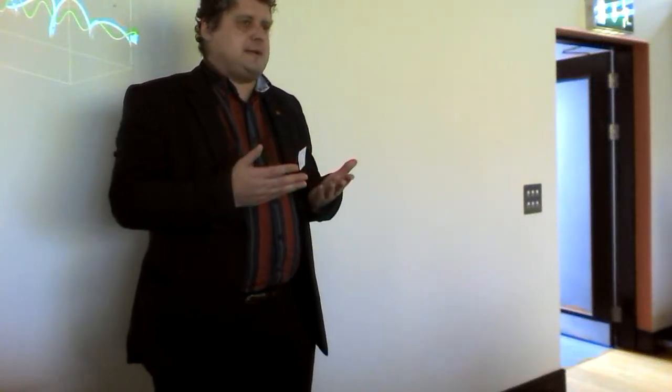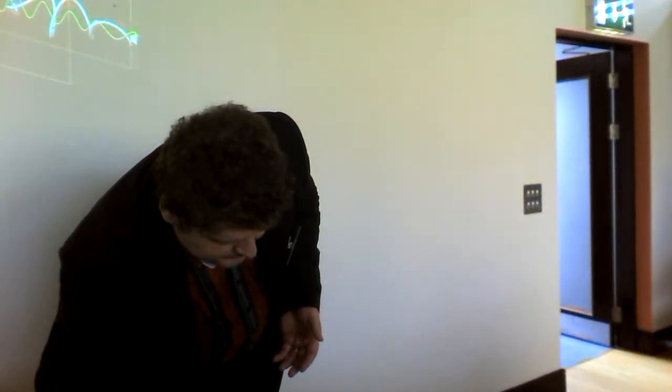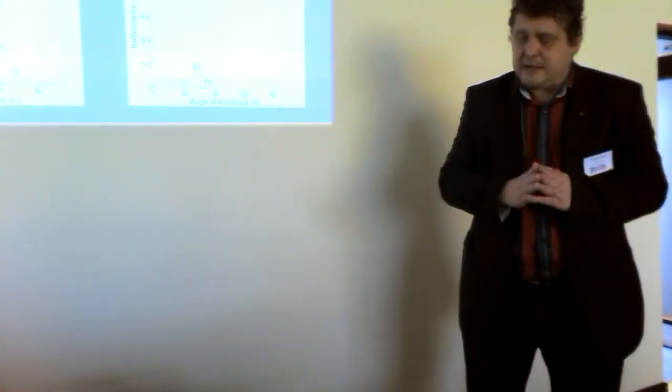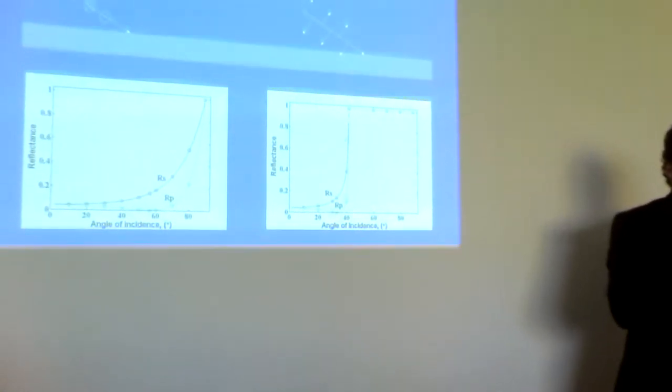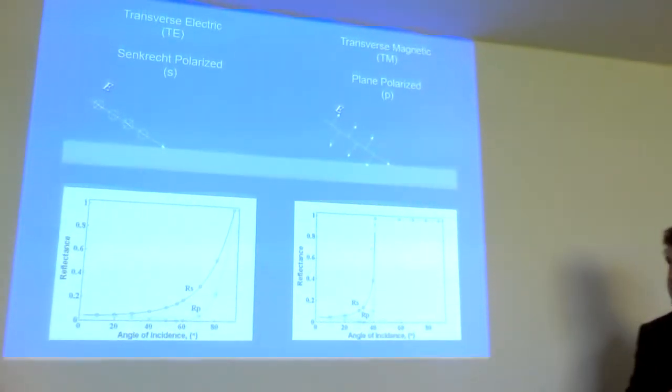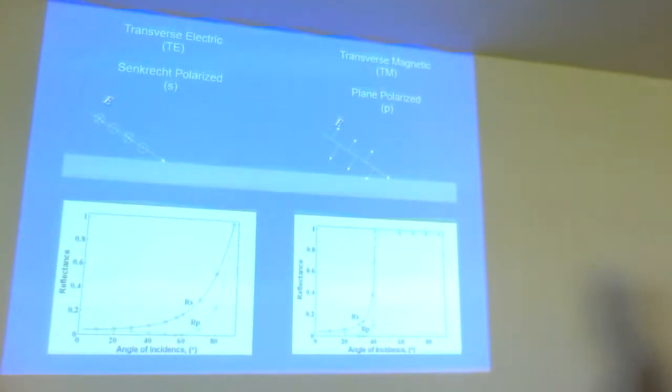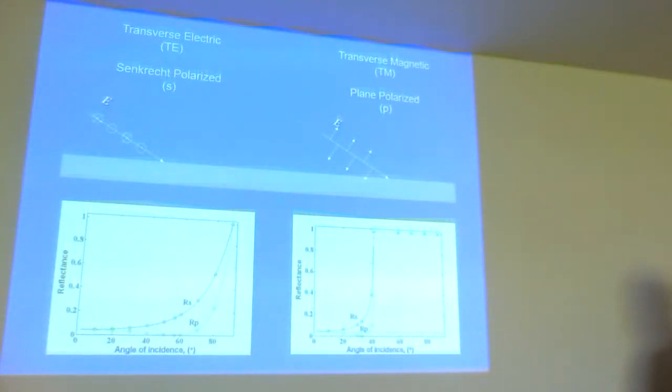Again, let's go back to this polarized light. I just want to remind you of the basic physics about polarized light. If we consider how the polarized light interacts with the medium, let's say first that we consider just how the light reflects and refracts on the boundary of a transparent medium.